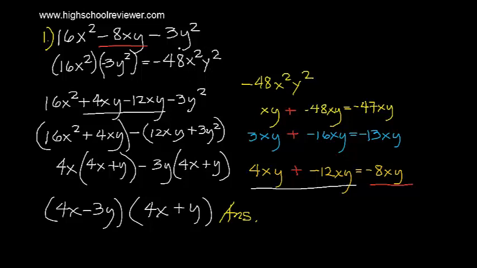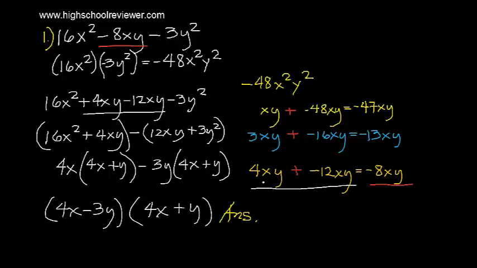And then we are going to factor this out, and we have to look for factors that will give us the sum of negative 8xy. So here are the factors, and the factors that will give us the sum of negative 8xy are positive 4xy and negative 12xy.